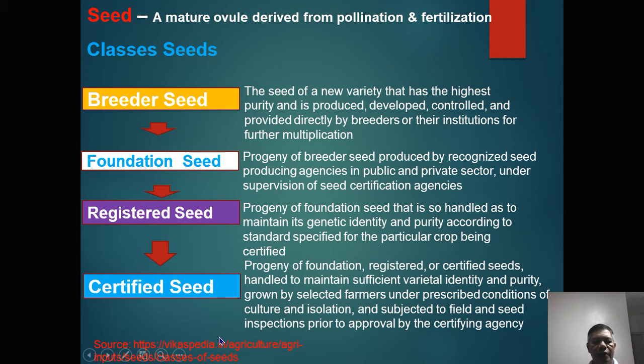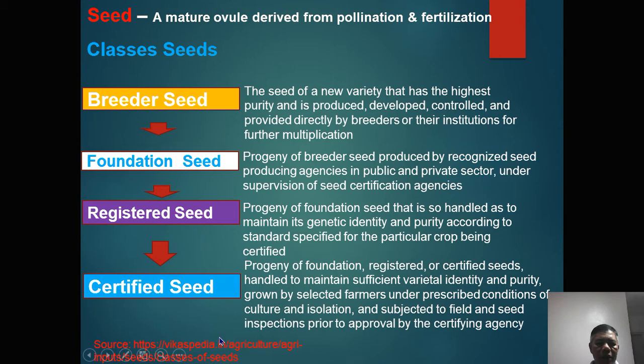Let's talk about the classes of seeds. In the Philippines, insofar as my research is concerned, there are four classes, but in foreign countries they have five, with the inclusion of the nucleus seed.